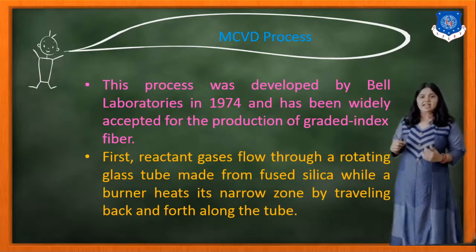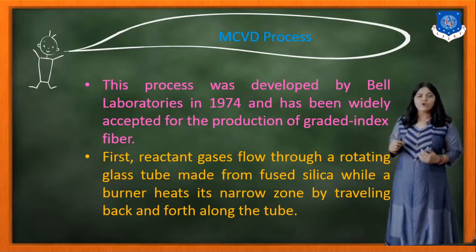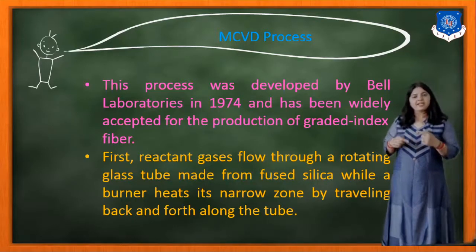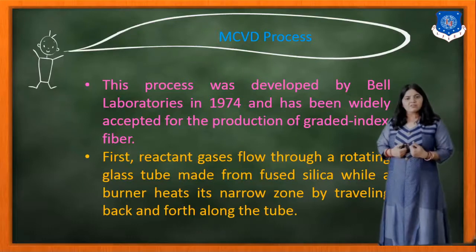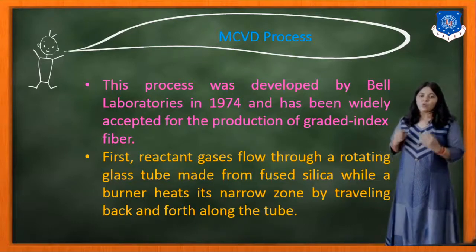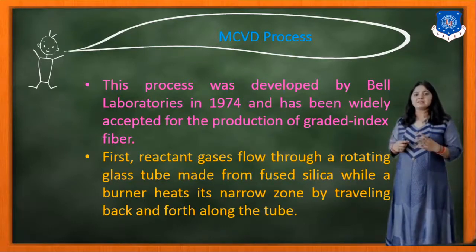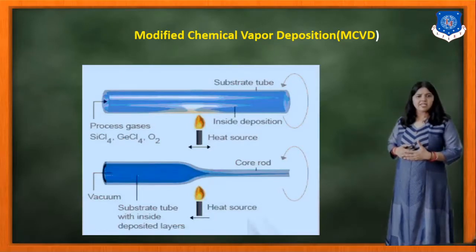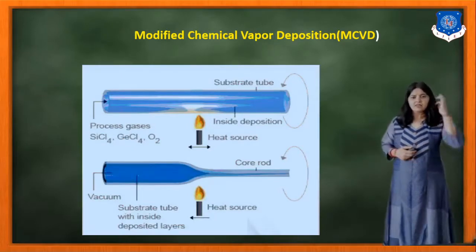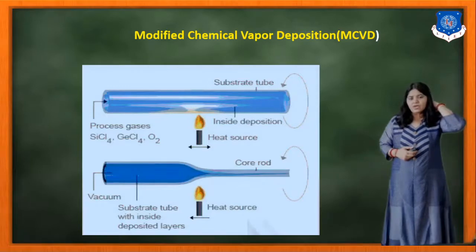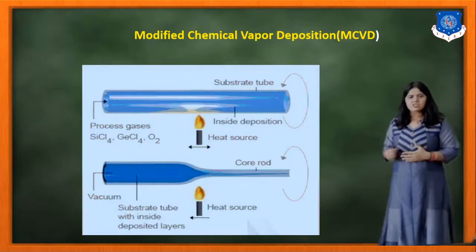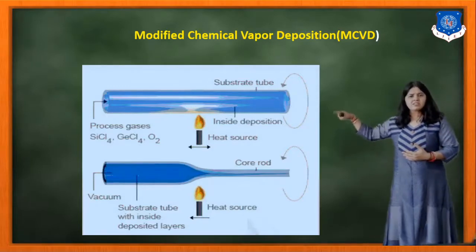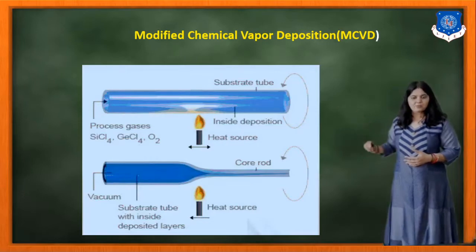The reactant gases flow through a rotating glass tube, which is made of silica, while a burner heats a narrow zone by traveling back and forth along the side. Here you can see the materials inside: SiCl4, GeCl4 and O2, that is oxygen, and this way the inside deposition takes place.